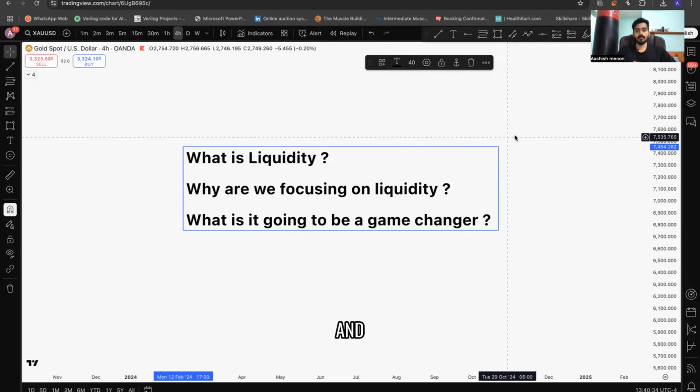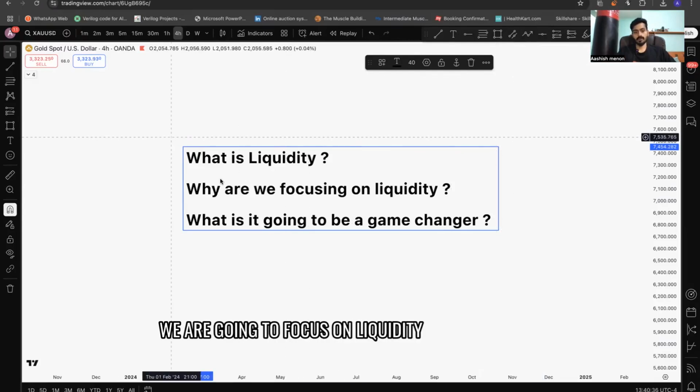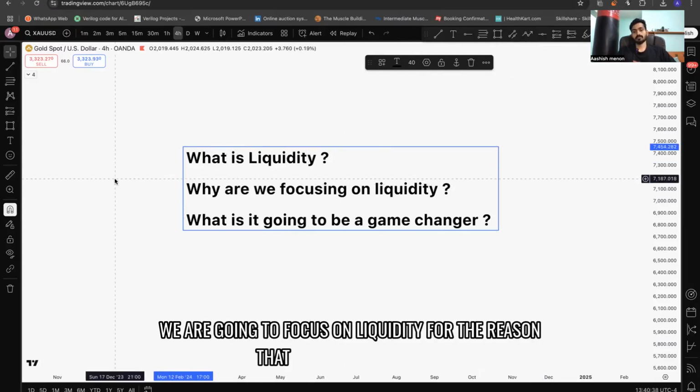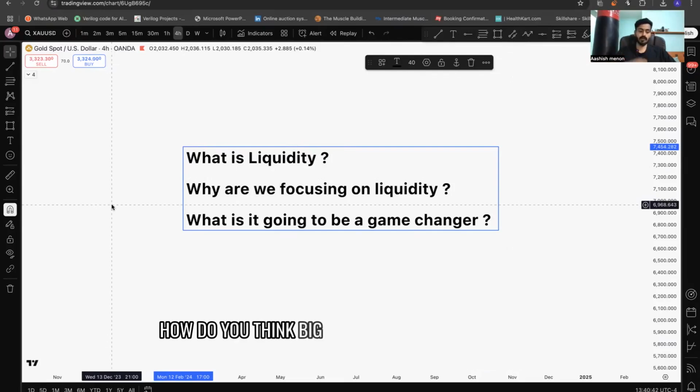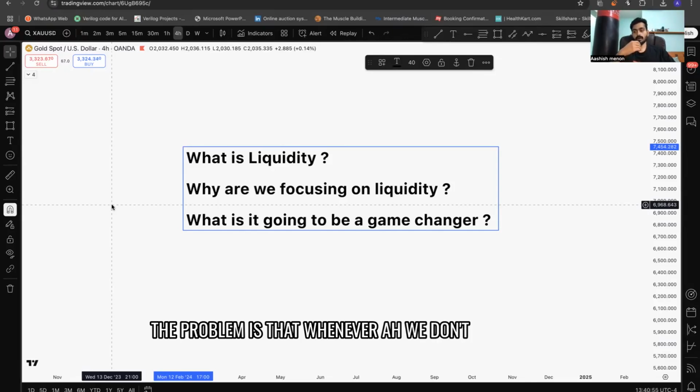We are going to focus on liquidity for the reason that, what do you think, how do you think big players are determining the direction of the market? Big players aren't like retailers. For retailers, we don't find a problem within the market, because wherever we put in an order, it gets filled.